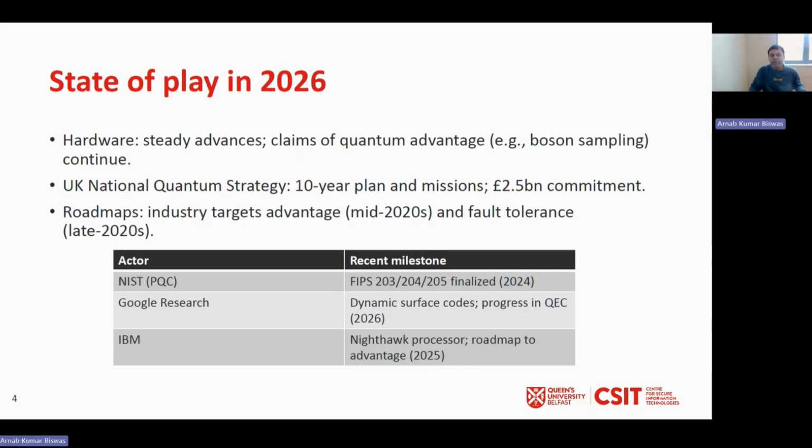So, the state of play currently in 2026. For hardware, we can see steady advances in the literature and everywhere. There are claims of quantum advantage. If you remember, we just talked about quantum advantage: is it faster, cheaper, or giving more accurate results compared to classical computing? Only then is it quantum advantage.